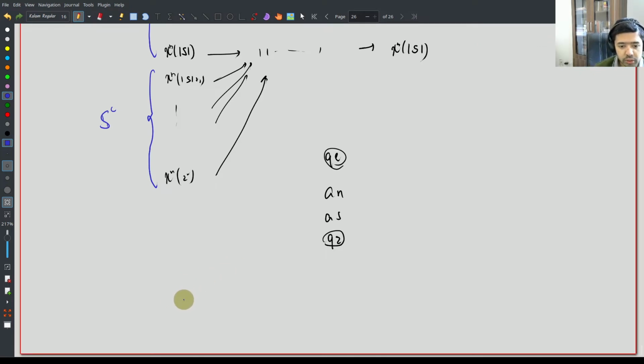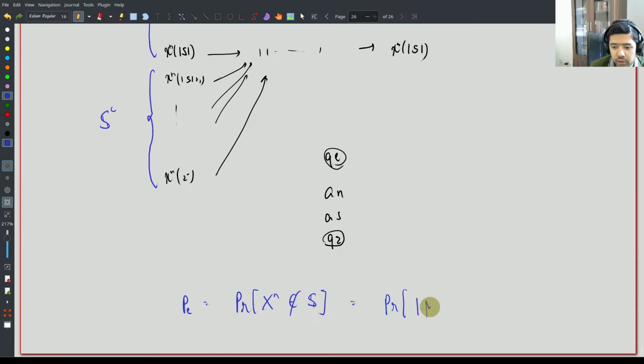So therefore the probability of error is equal to the probability that you observe a sequence which is not in S. Remember that S is the set of all sequences for which the number of ones is between np into 1 minus epsilon and np into 1 plus epsilon.